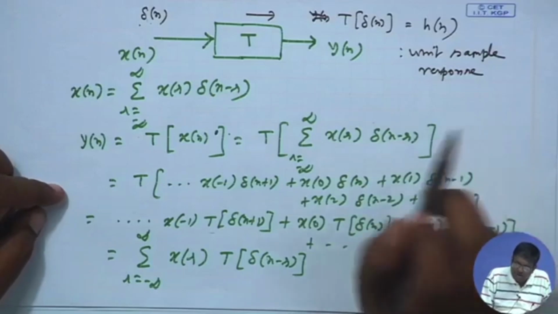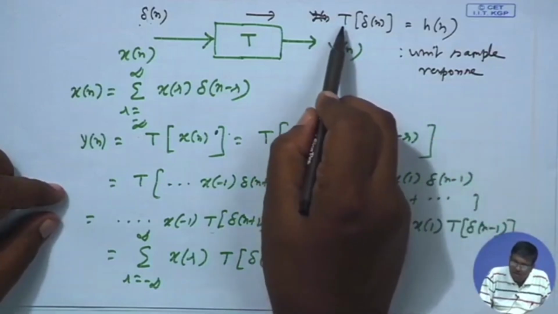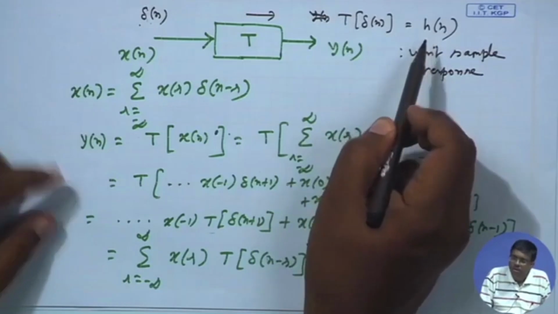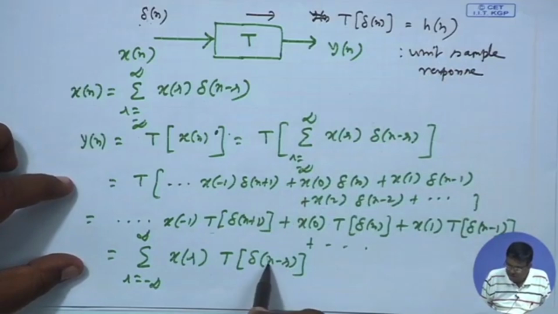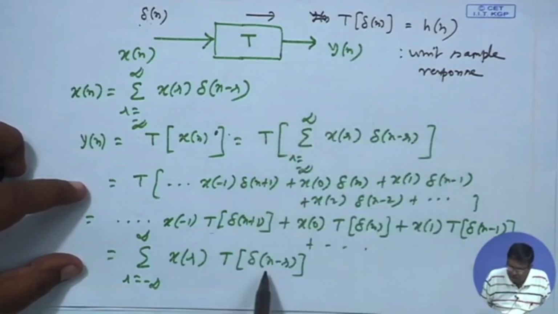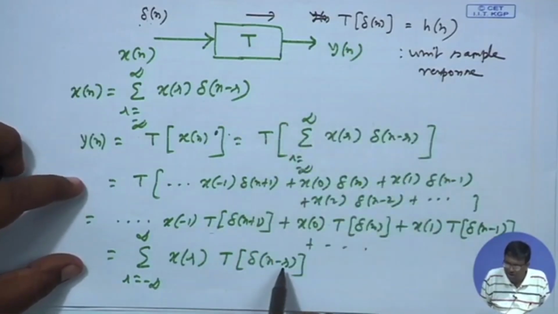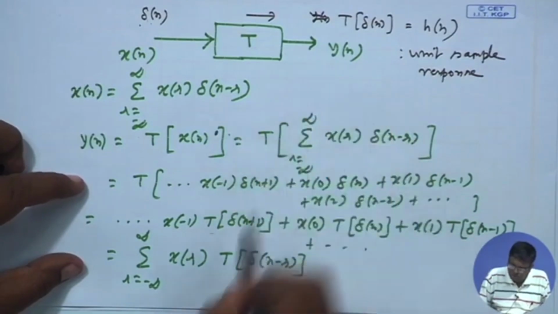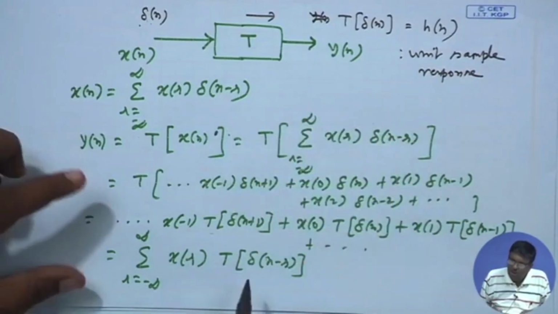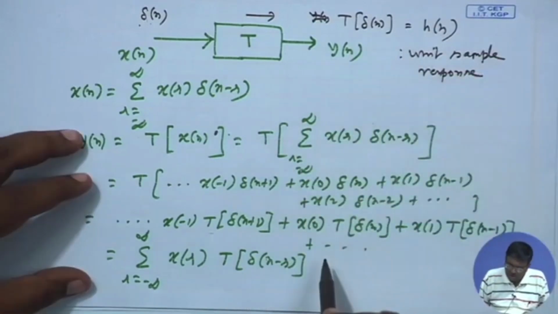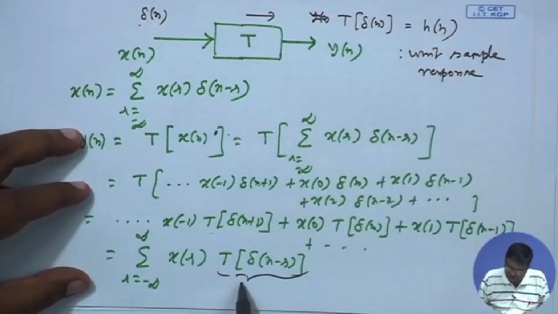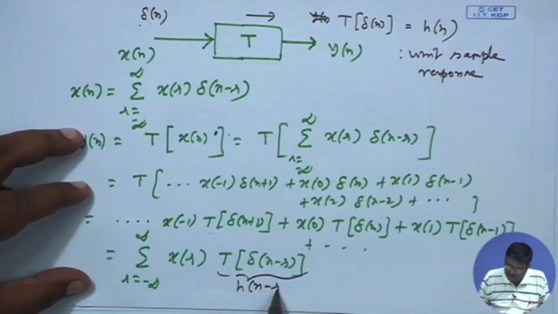Okay. So, T of delta n is h n, but if the system is shift invariant, then if delta n is shifted by r, it was delta n, now delta n minus r, the new output of T will be nothing but the original output shifted by the same amount. So, this will be nothing but h n minus r.